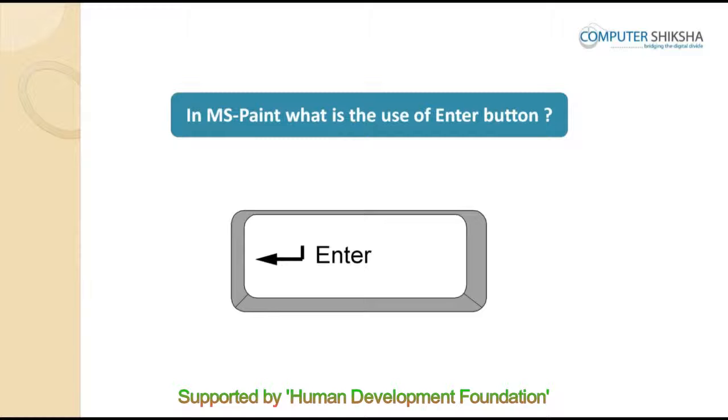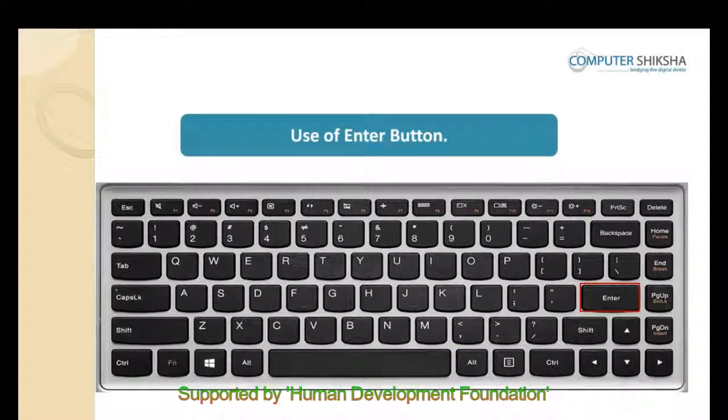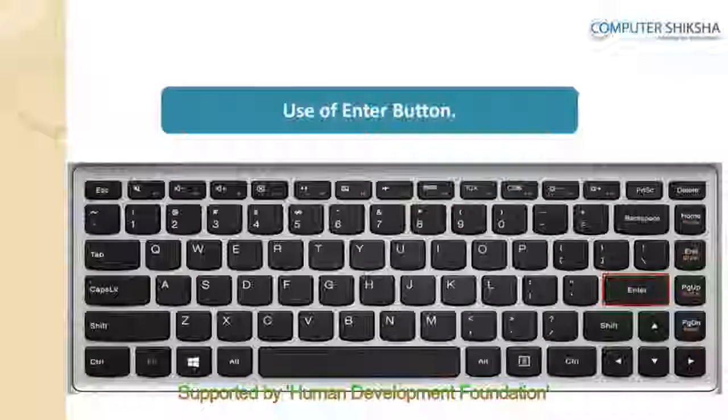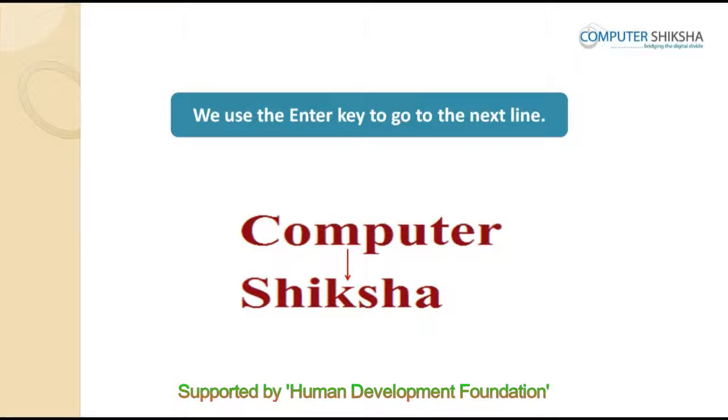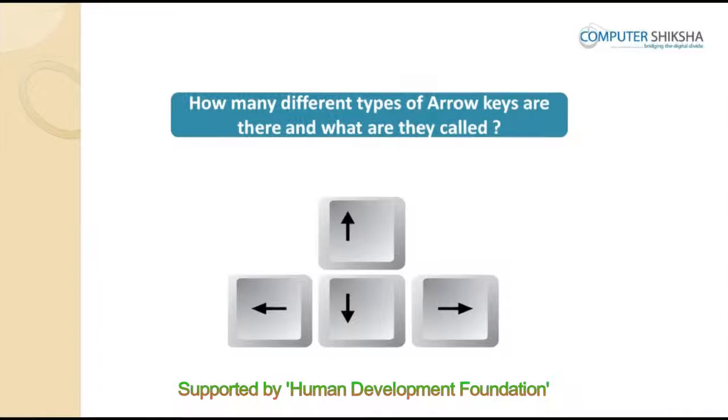In Mspaint, what is the use of the enter button? We use the enter button to go to the next line or to a new line. How many different types of arrow keys are there and what are they called?